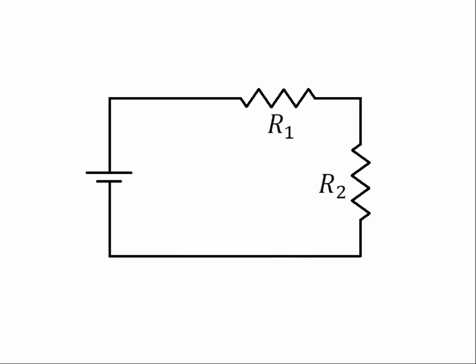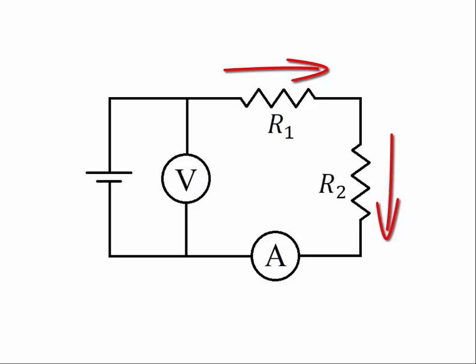Now here's a little bit more complicated system with 2 resistors in series with each other. So the current that comes from the voltage source will go through resistor 1 and then through resistor 2. So the same current will go through them. And to measure voltage and current, you can hook the voltmeter to the 2 ends of this circuit.